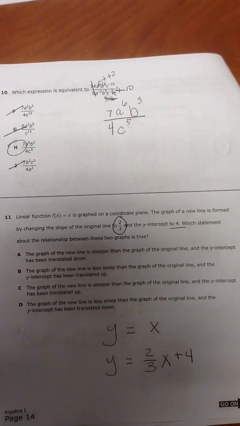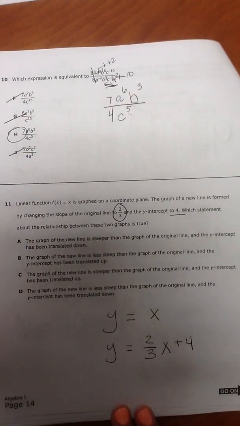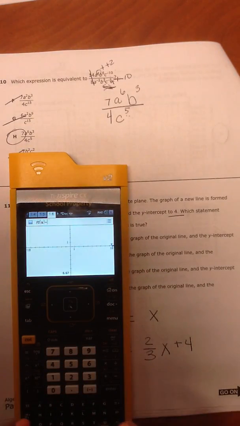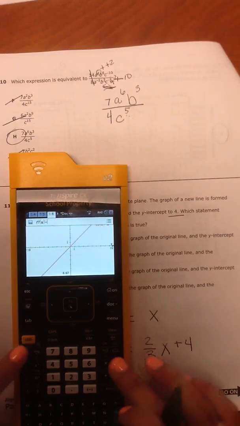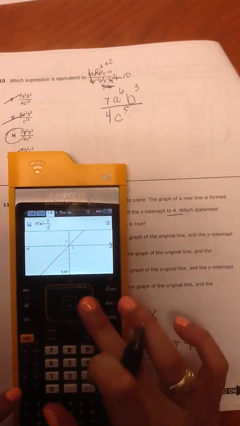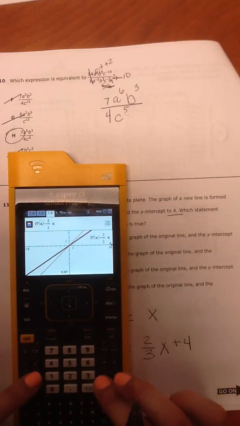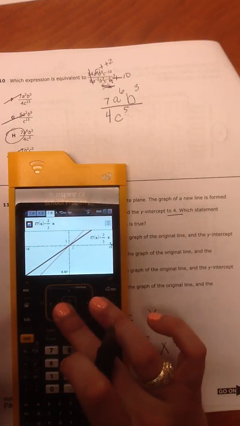Now, if you don't remember our cues, okay, you can always take your calculator, go to your graph, and graph both of them. Y equals x, and then press tab, and then y equals 2/3 x. Oops, didn't finish.